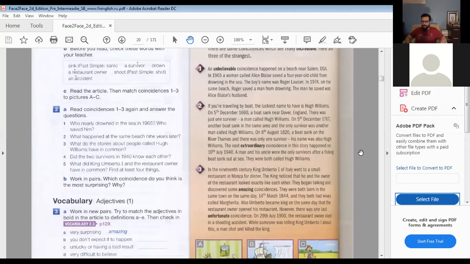Yes, a man and his uncle. And both of them, what were they called? Hugh Williams. Both of them were called Hugh Williams. So the man and his uncle had the same name, right?